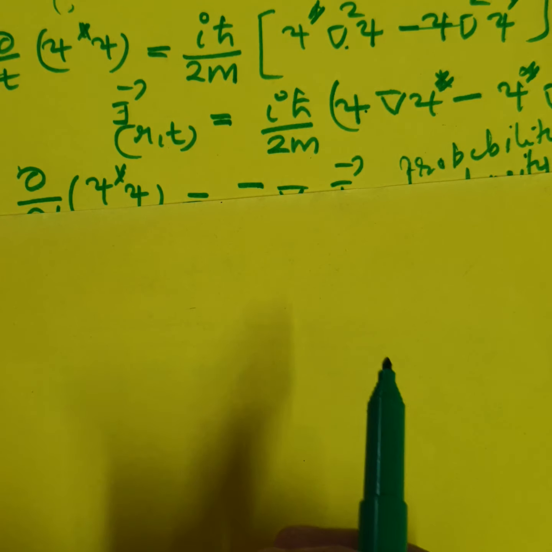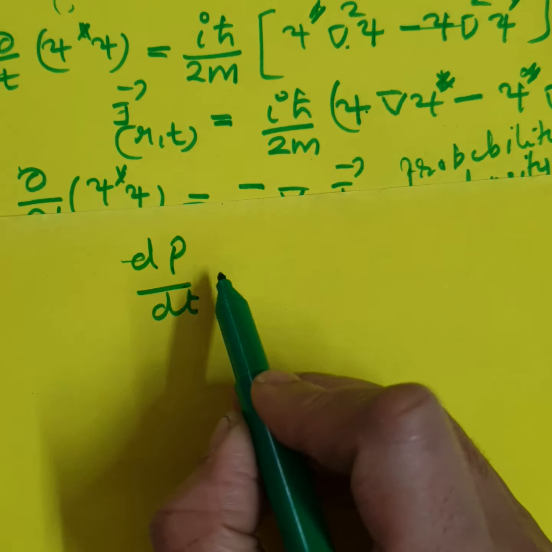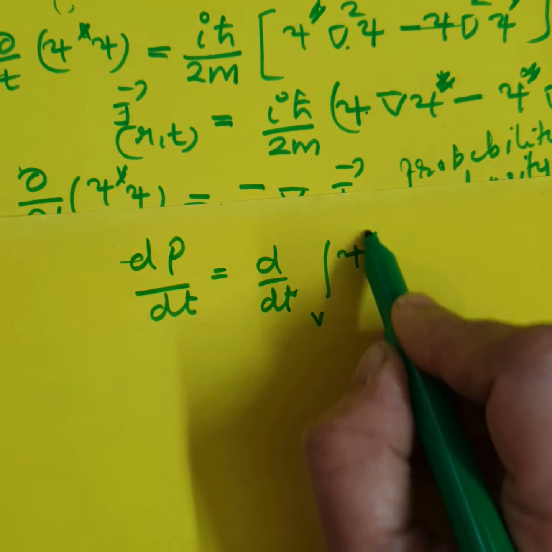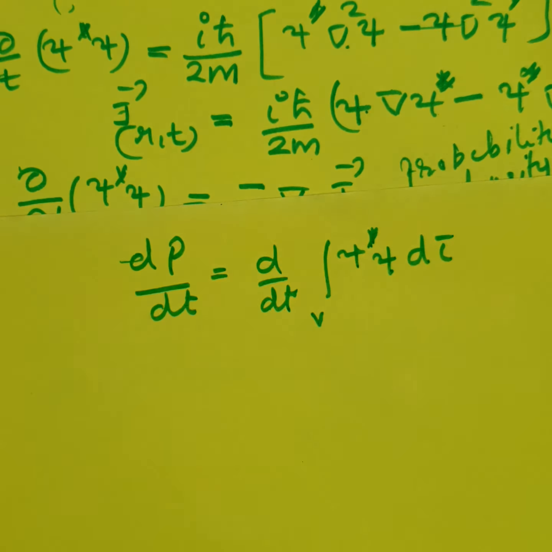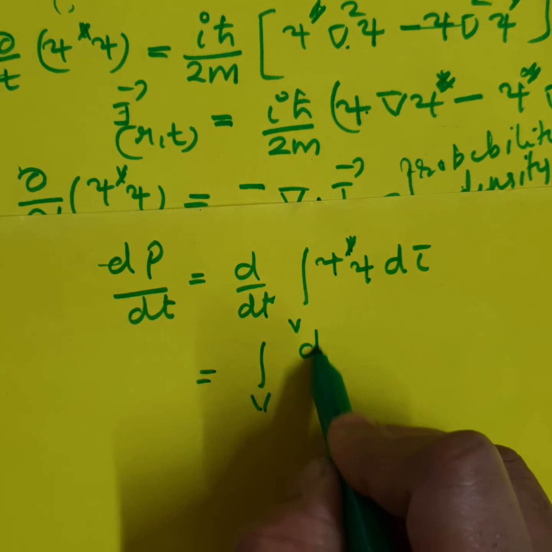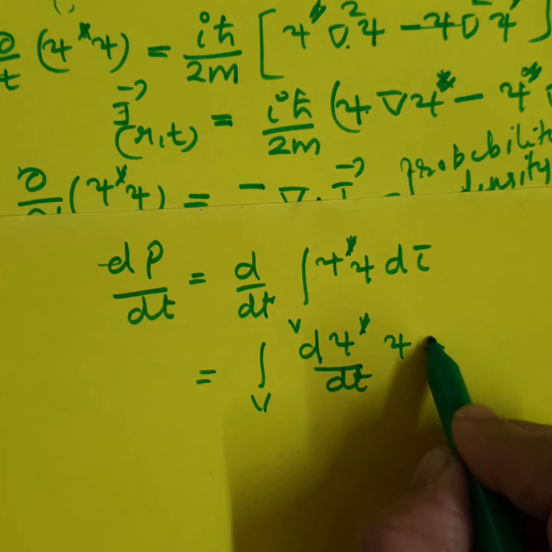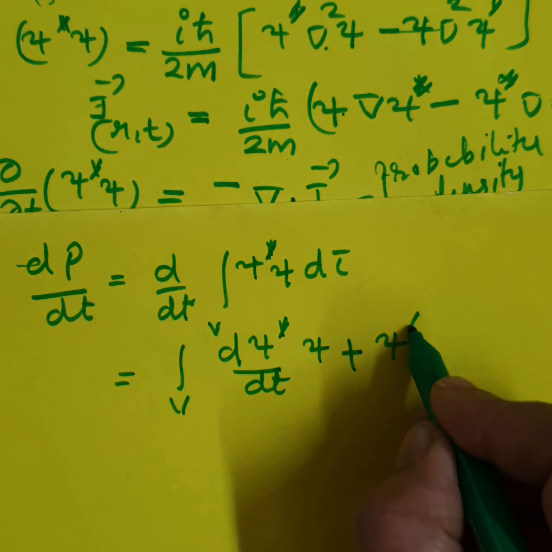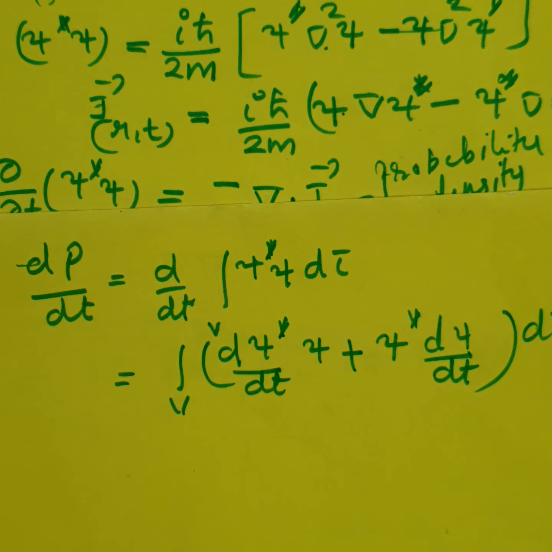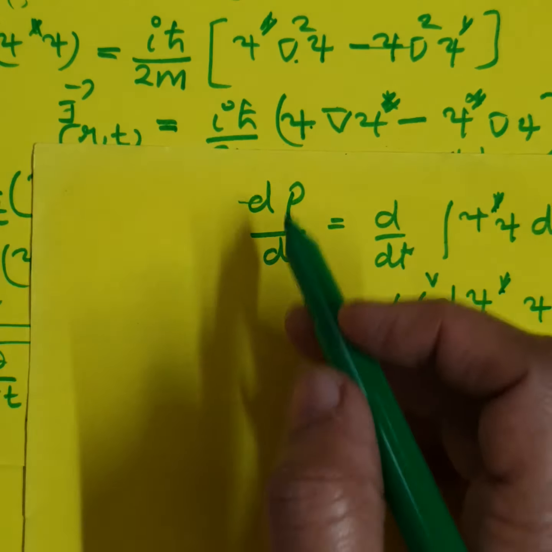We know that dP/dt, where P is the probability, can be written as d/dt of the volume integral of psi star psi dτ, or as the volume integral of ∂psi star/∂t into psi plus psi star ∂psi/∂t into dτ.